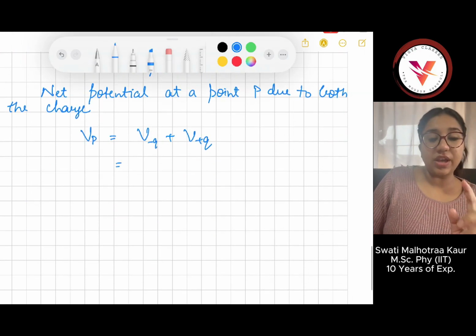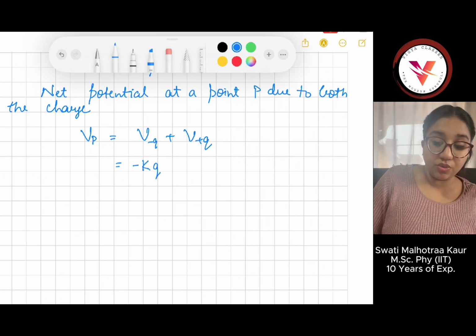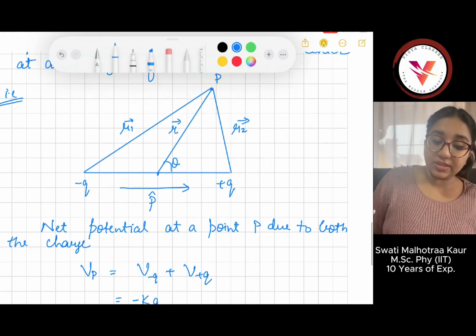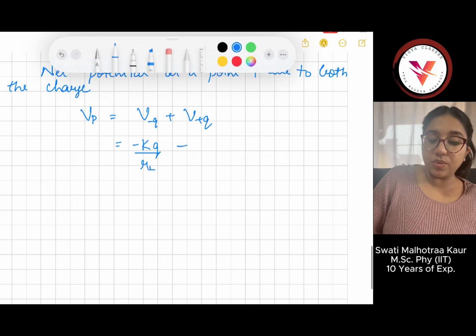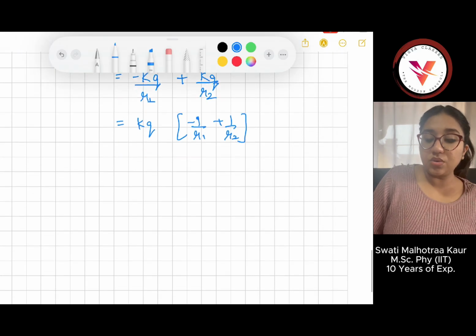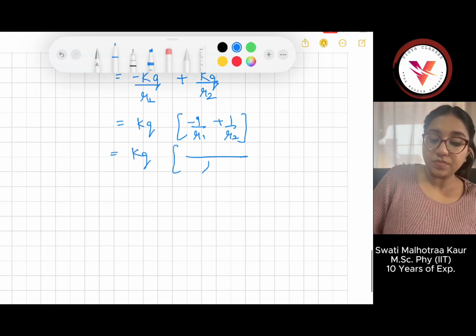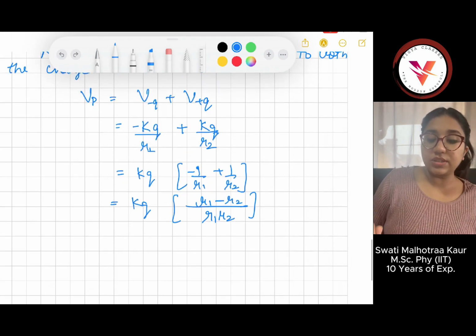We have calculated the potential due to a single point charge as kq by r. So here it would be kq with a minus sign because it is minus q, and the distance here is r1, so it's minus kq by r1 plus kq by r2. Kq is common in both the terms, take it out: minus 1 by r1 plus 1 by r2. Then it is kq upon r1 r2 times, if you take the LCM, r1 minus r2, because here it is minus r2 and here plus r1.